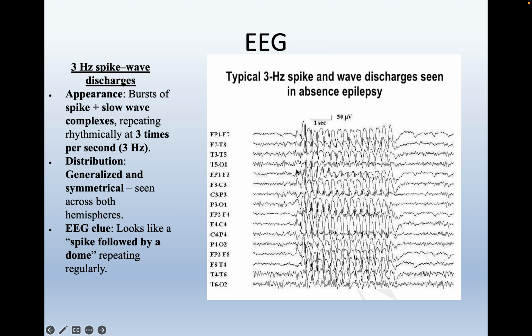It runs all over the brain, generalized and symmetrical in both hemispheres. The EEG clue is a spike followed by a wave repeating regularly. I hope it is clear and you can differentiate between the EEG of absence epilepsy and Lennox-Gastaut.